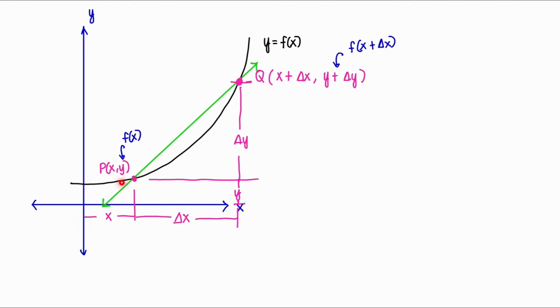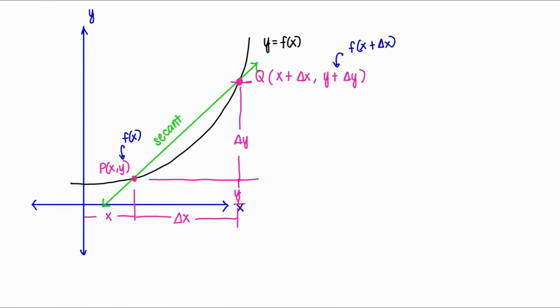Remember that our curve right here is this y equals f of x, and this line passes through the curve at 2 points. Then we call this line a secant line. Again, this is a secant line, wherein the slope of the secant line can be solved by dividing delta y by delta x. Okay?